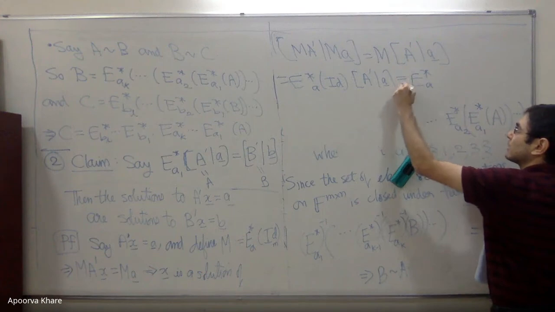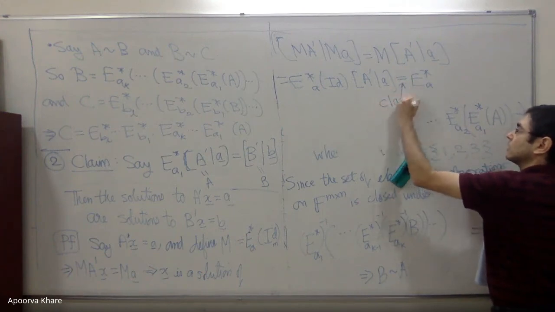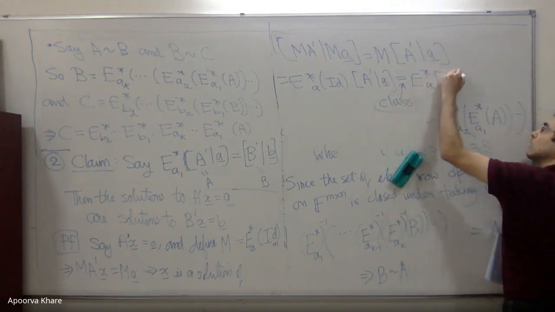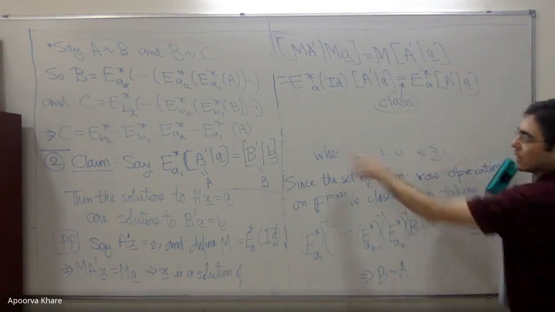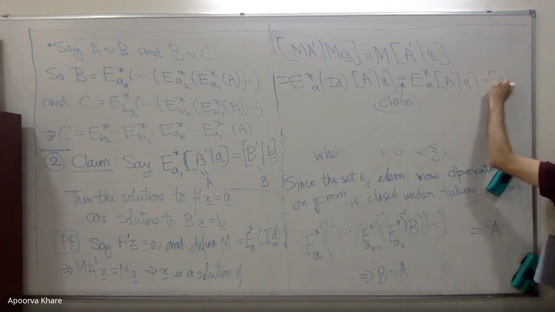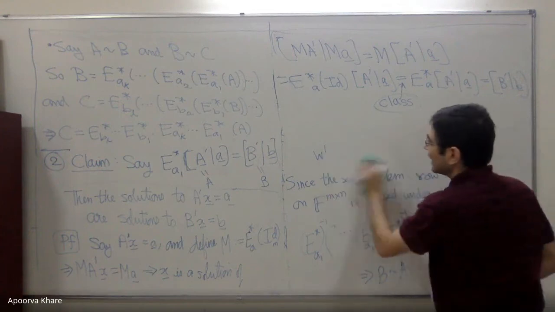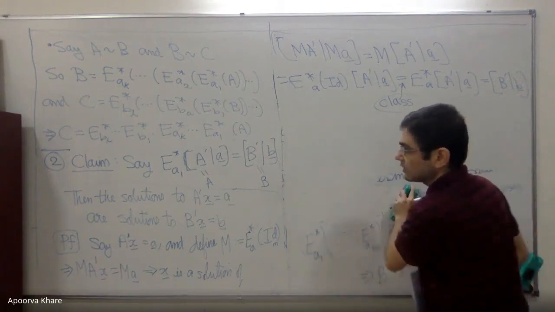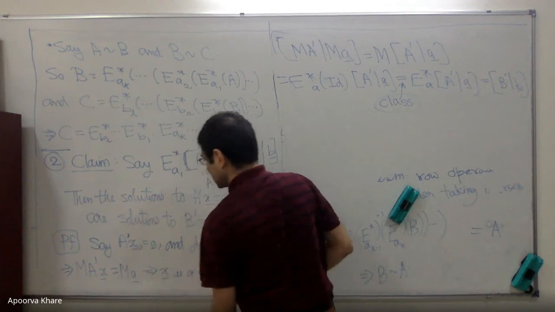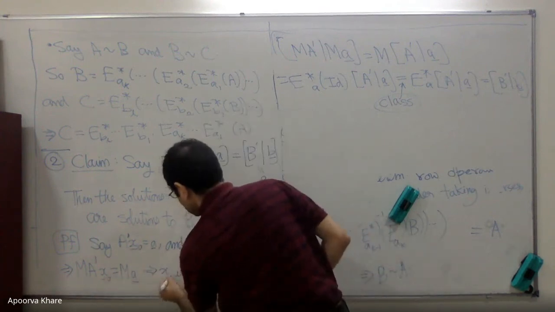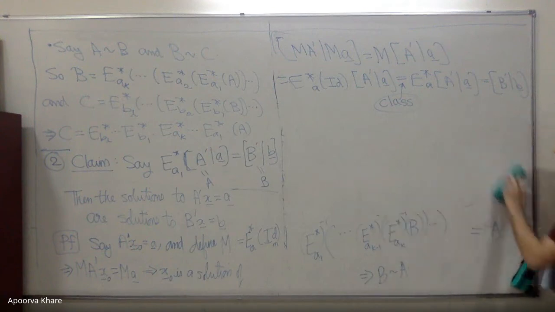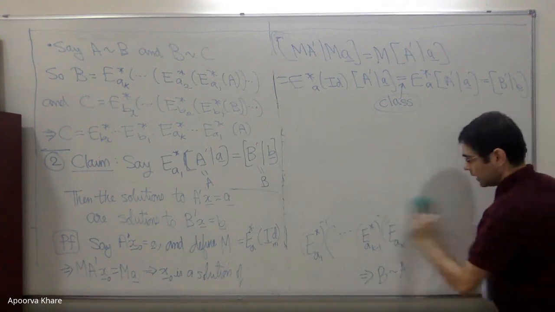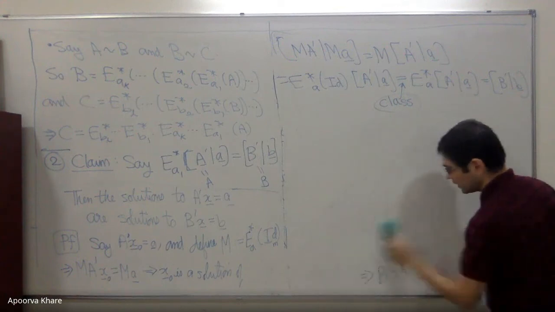So this is the part that was from class. And that is precisely B prime and B, that's the definition. So if X naught is a solution of A prime X equals A, then X naught is also a solution of B prime X equals B. And now basically the claim is proved and therefore we are done.